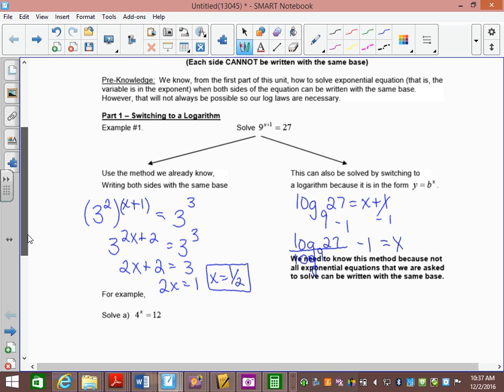Log 27 divided by log 9, enter, minus 1. You can just follow along. So what did you get when you punched it in? A half.